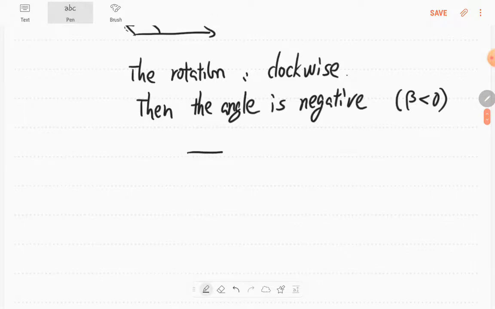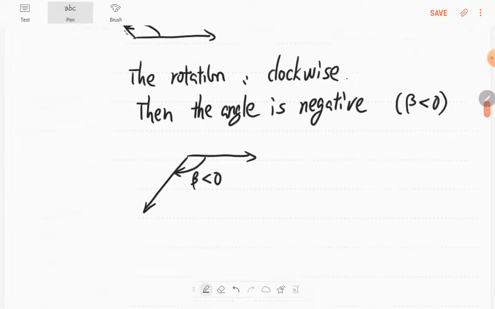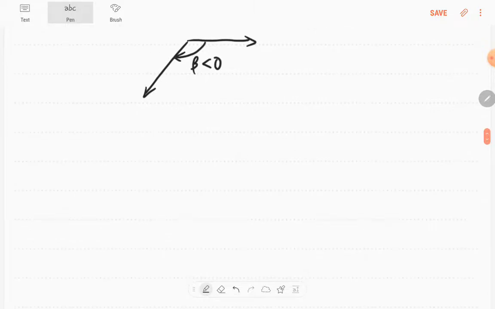Let's look at this one. This is clockwise, right? So this beta is less than 0. So actually we give a sign to the angle. Positive means the rotation is counterclockwise. Negative means the rotation is clockwise.